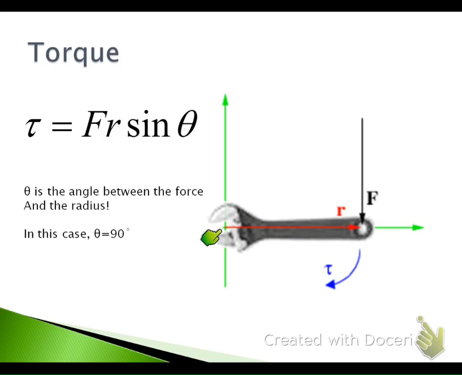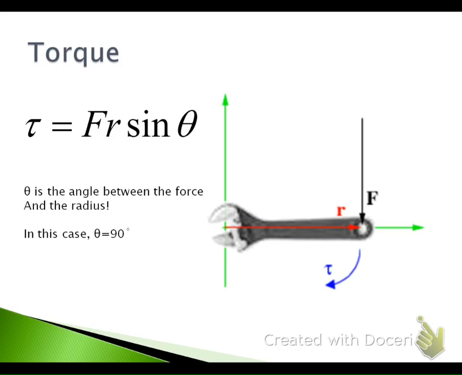It's from the point of our rotation, or from our axis, to our force. So here, this angle between force and radius is a 90-degree angle. So theta would equal 90 in this case.